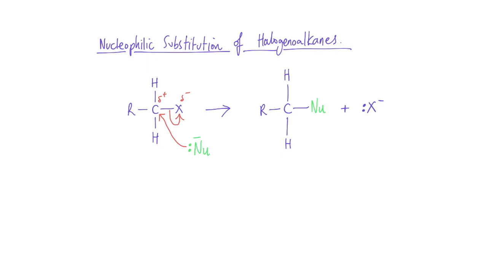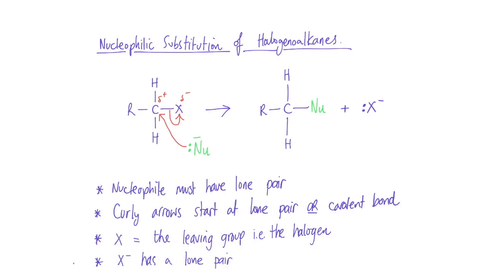Those two arrows are all that we need in the mechanism for a nucleophilic substitution of a haloalkane, where our nucleophile is either hydroxide or the cyanide ion. So some of the key things we need to know. The nucleophile must have a lone pair. Next, it's really important that the curly arrows start either at the lone pair or at a covalent bond.